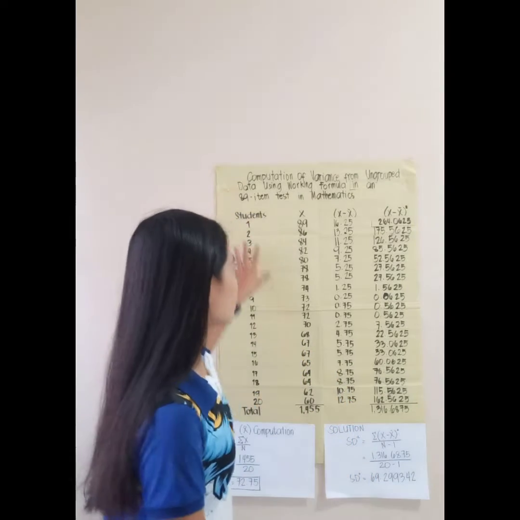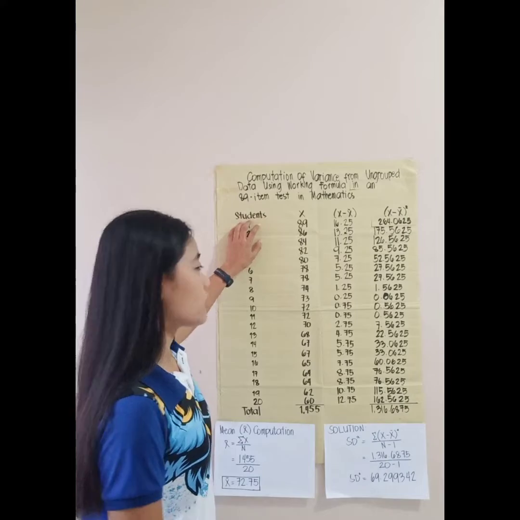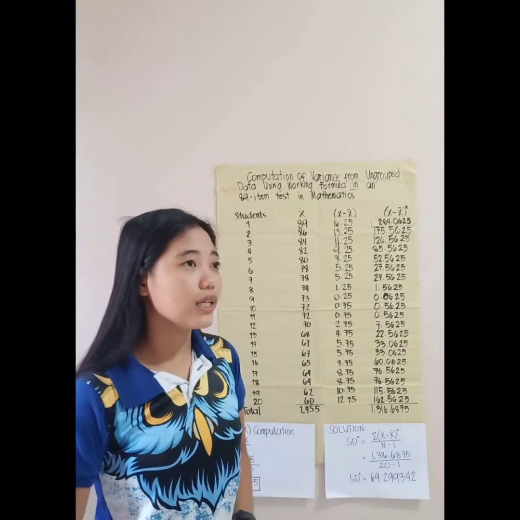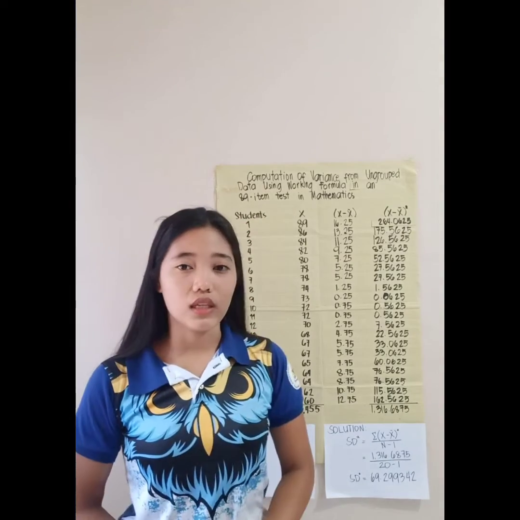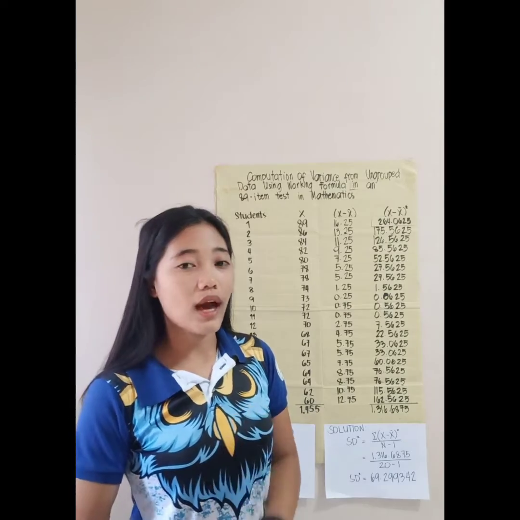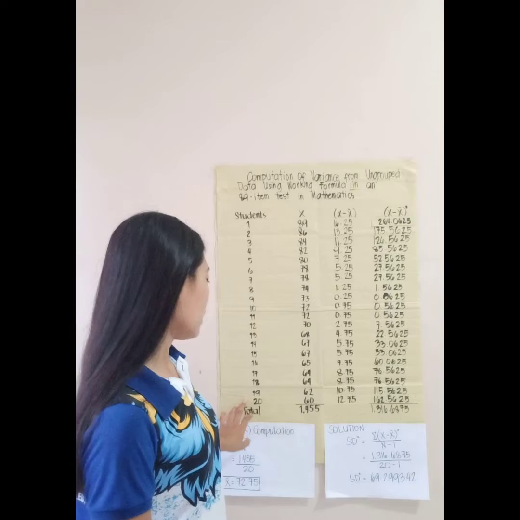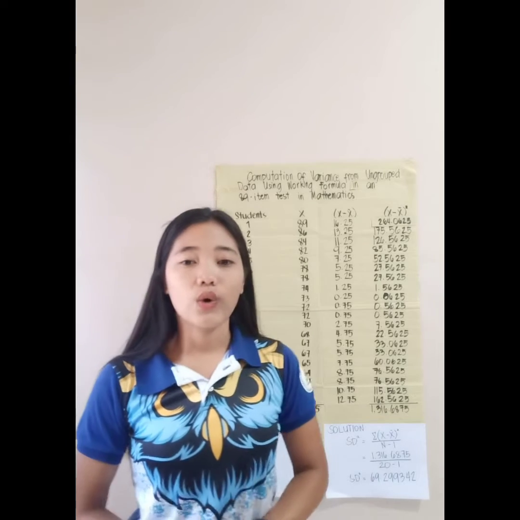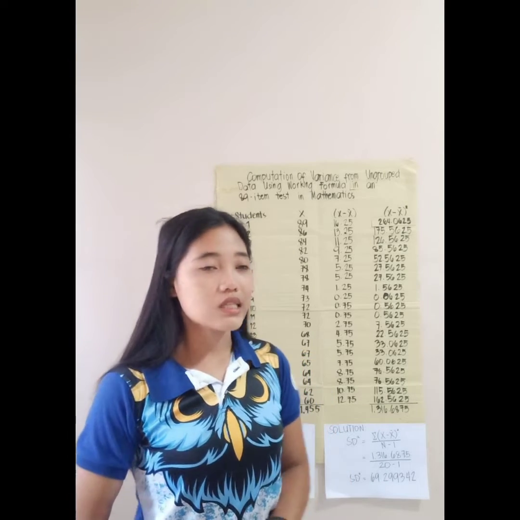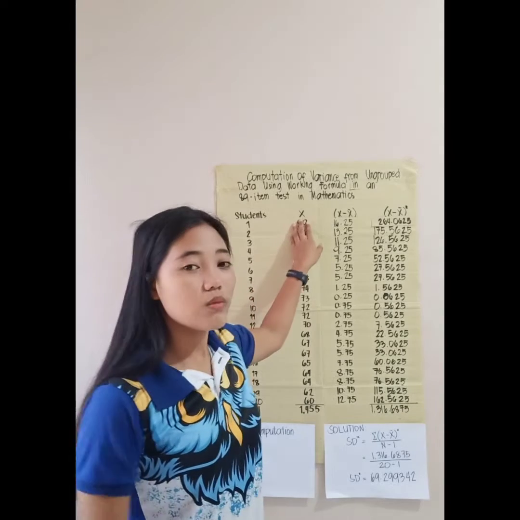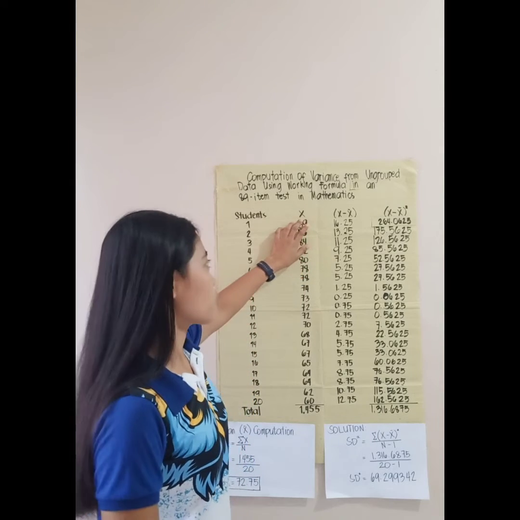Again, in the first column, we have the students. This is the number of students who took the test in mathematics. How many students do we have? We have 20 students. So, this 20 will be our n, or our number of cases. Next, in the second column, we have our x, or the scores.